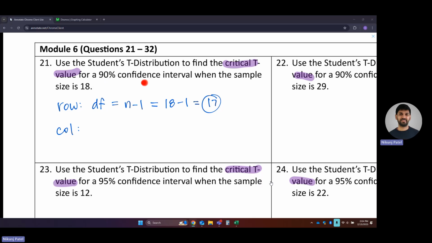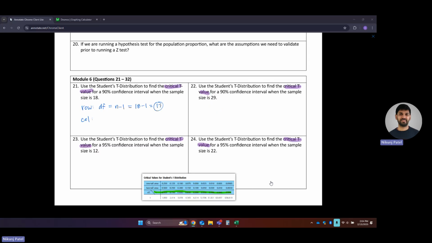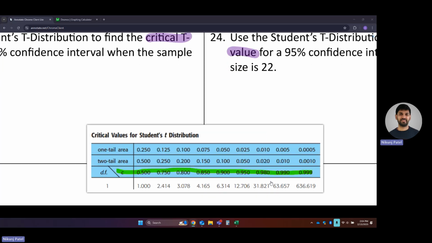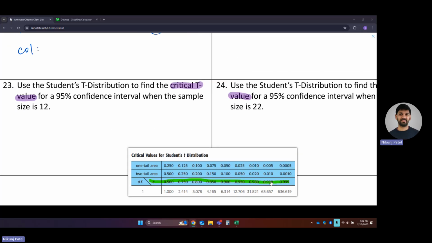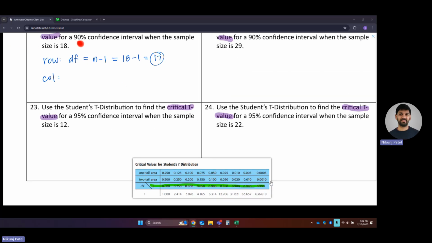And then the column is determined by what other information is given. So this one gives us a 90% confidence interval. And if you look at that formula chart, it's got 3 sections across the top. Sometimes you'll be asked about a hypothesis test, but sometimes you'll also be asked about a confidence interval. That's this third section right here that has the letter C. The C stands for confidence interval. And the 90% corresponds with 0.9.